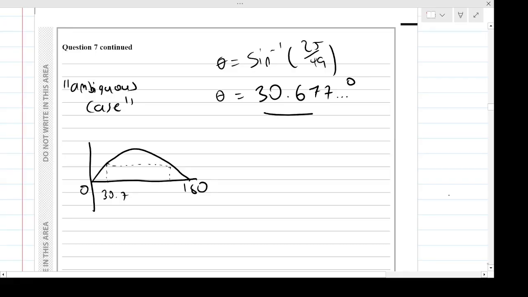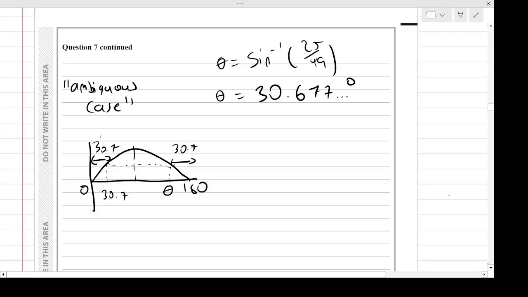So to work out the next solution, well, it's symmetrical in the middle of the graph. So that means either end. The gap between 0 and 30.7, that's 30.7. That's the same gap between the second solution and the other end of the curve at 180. So to work out the next solution here, that'd be 180 take away this 30.7.